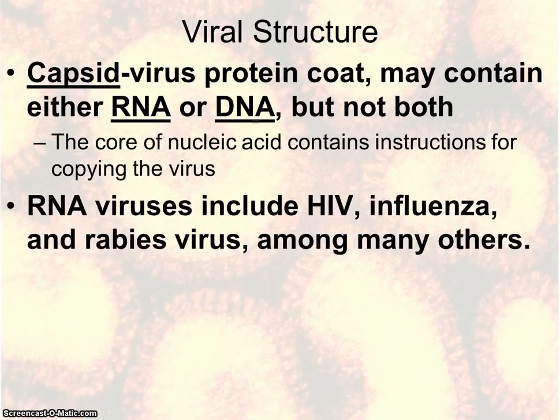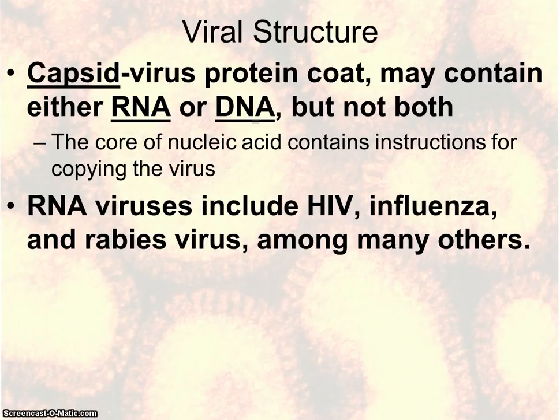The genetic information, the RNA or DNA found inside a virus, is only going to code for one thing, and that's how to copy that virus, how to make more of that virus. It's not going to code for how to help that virus grow and develop and adapt to its surroundings, or anything that a normal organism would have coded within its DNA. It's only going to have instructions for copying that virus.